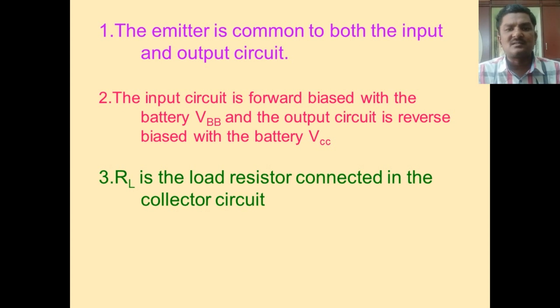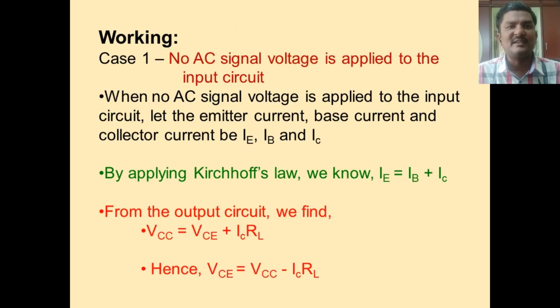How it works as amplifier. Students, there are two cases. In first case, I consider no AC signal. That means no AC signal voltage is applied in the input. When there is no AC in the input, the emitter current, base current, and collector current can be given by IE equal to IB plus IC.